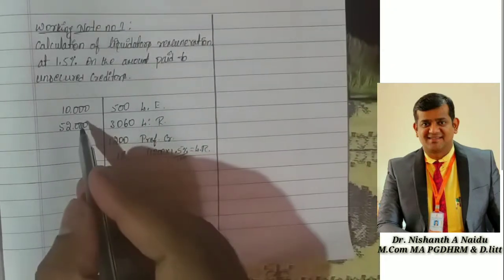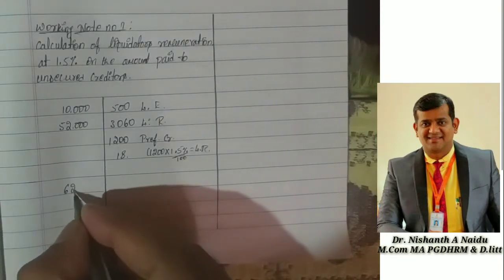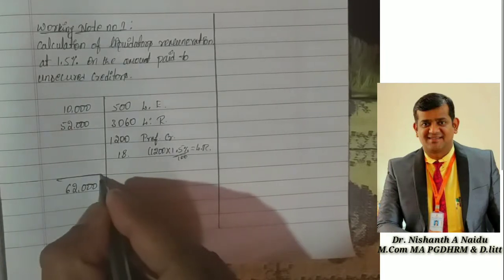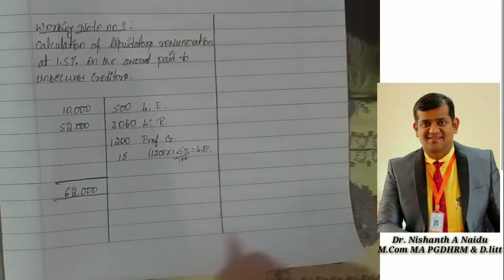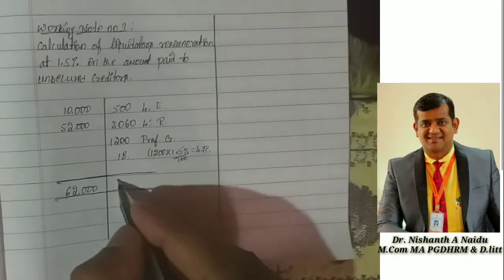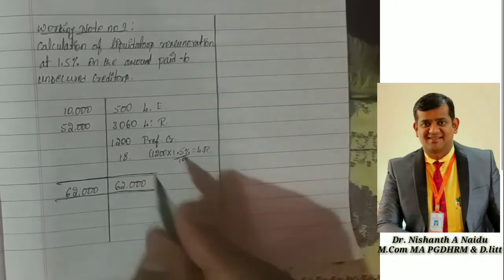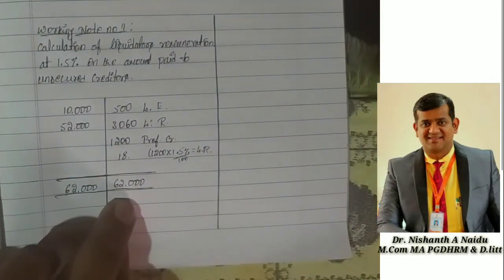So if you total, how much are you getting? 10,000 plus 52,000 put together is 62,000 rupees. 62,000 is the total. So now I am writing the same total on this side also. Now deduct all the things. 62,000 minus 500 minus 3060 minus 1200 minus 18.